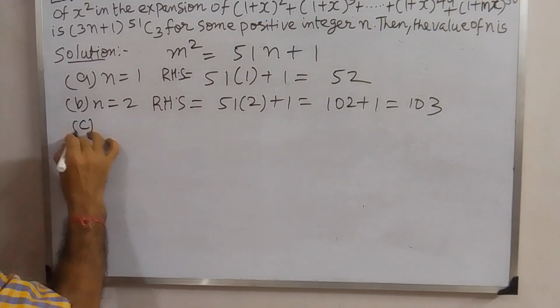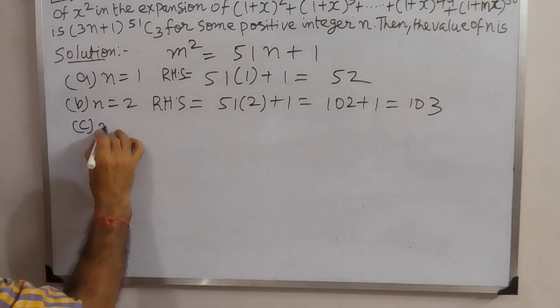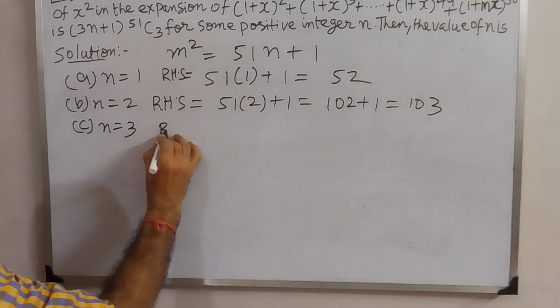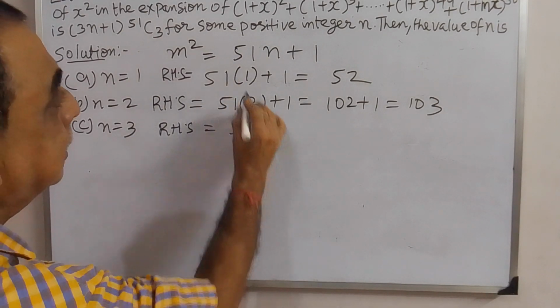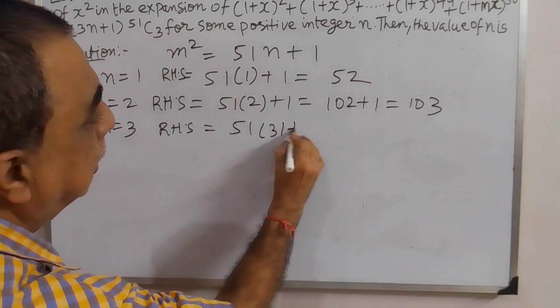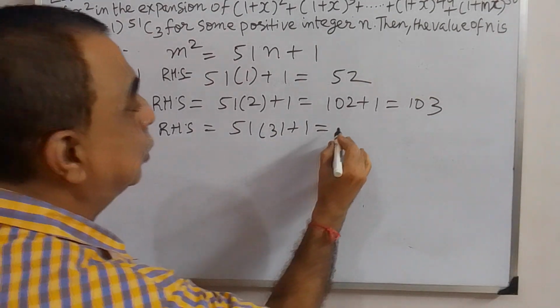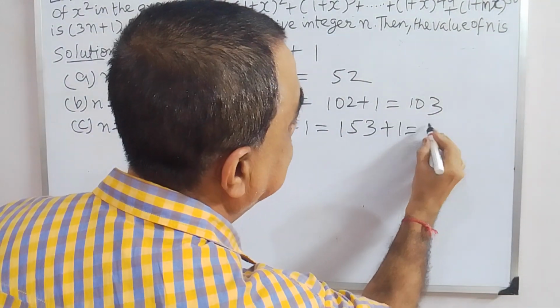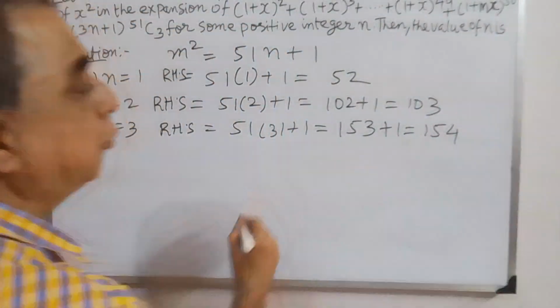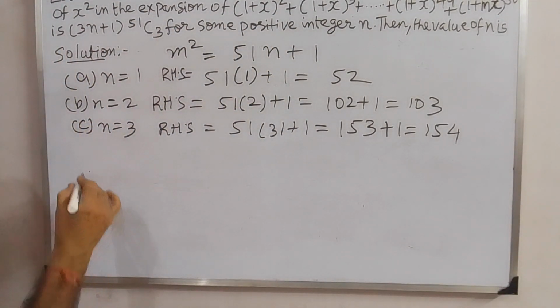So n cannot be equal to 2. Then put n equal to 3. In the right hand side, we get 51 into 3 plus 1. 51 into 3 is 153, plus 1, so that equals 154, which is also not a square of any positive number.